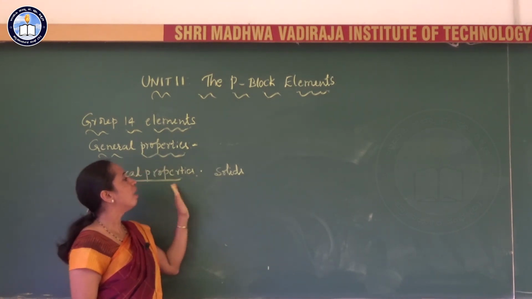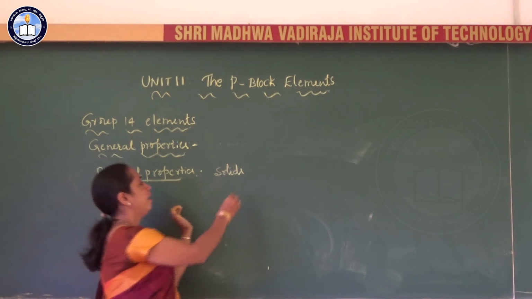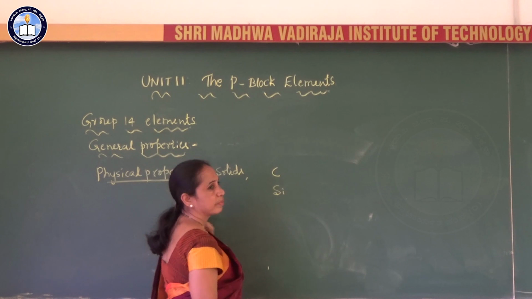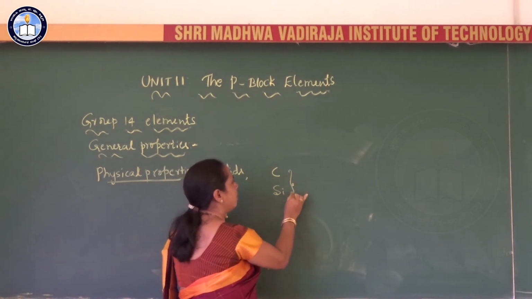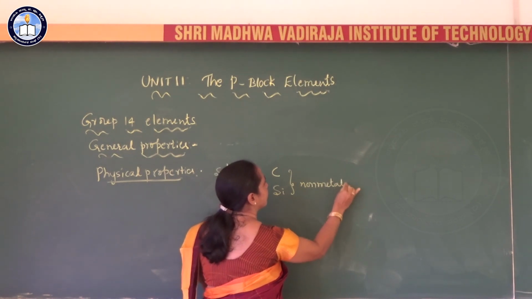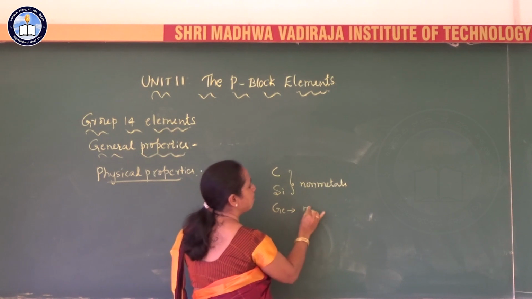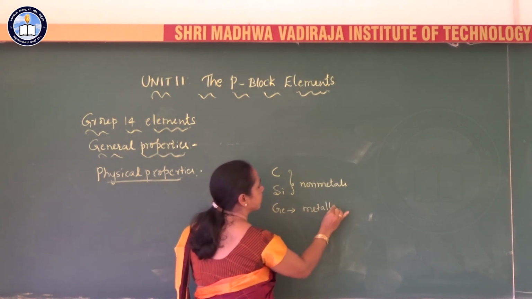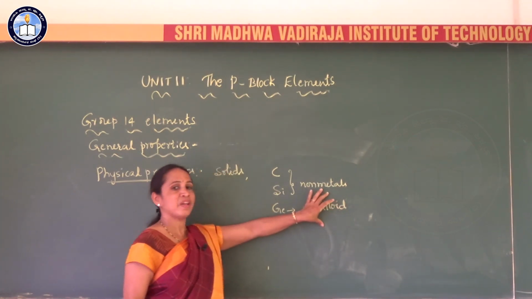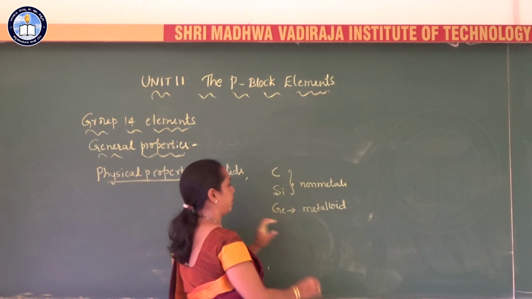Carbon and silicon are found to be non-metals. Next, germanium is found to be a metalloid. As you know, a metalloid possesses the properties of both metal and non-metal.